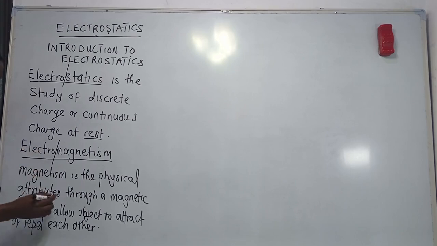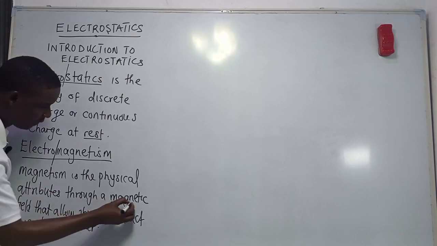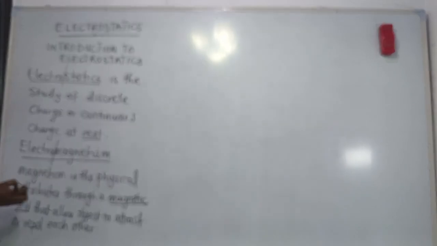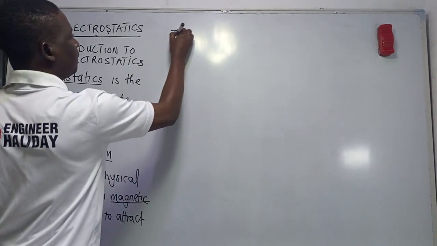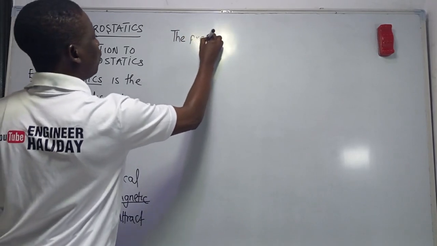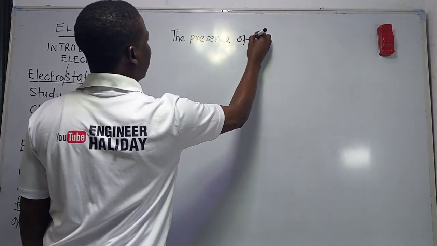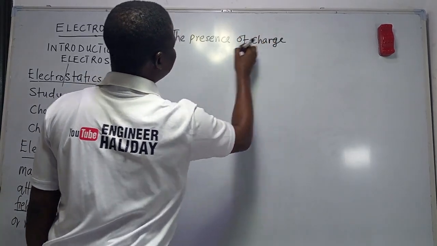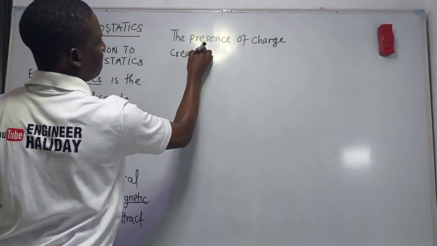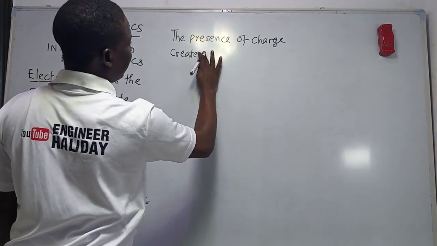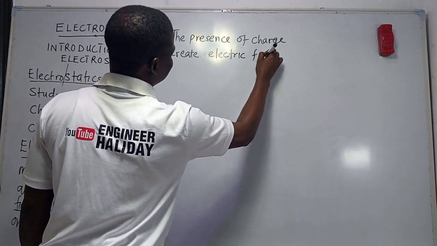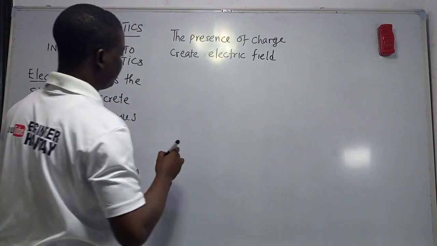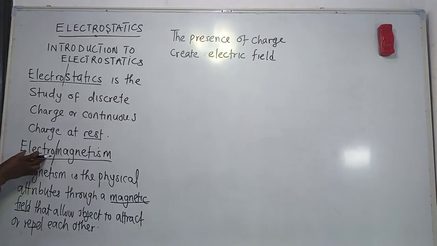Then that means we have mentioned what they call a magnetic field inside. Then electro: the presence of charge creates an electric field. The presence of charge or electron creates a magnetic field.